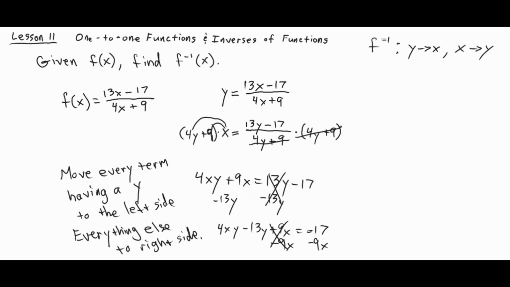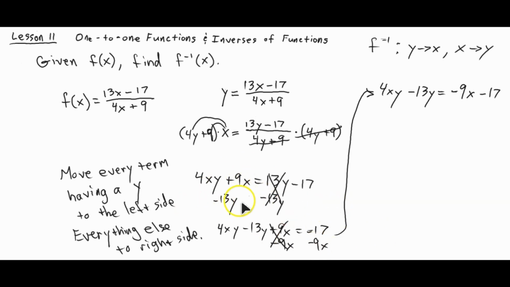Here this is going to cancel. And moving up over here, we're now going to have 4xy minus 13y equals negative 9x minus 17.